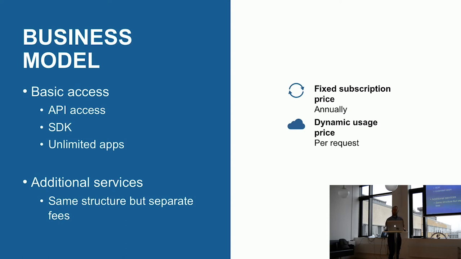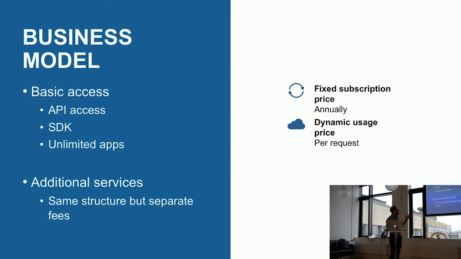You get the SDK and you can have as many apps as you want. And then the dynamic part is per request. So every time you make a request to our API, that costs a little bit of money. The more you use the API, the more it costs. But if you don't use it as much, it doesn't cost you very much.